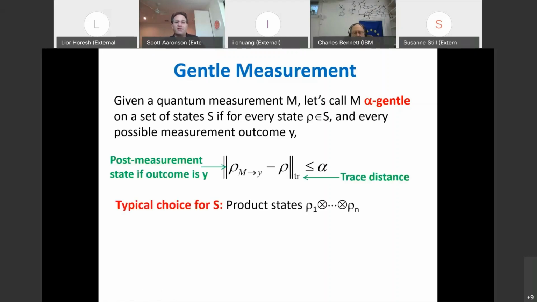We are typically interested in measurements that are gentle on the set of product states, so just tensor products of n different states.